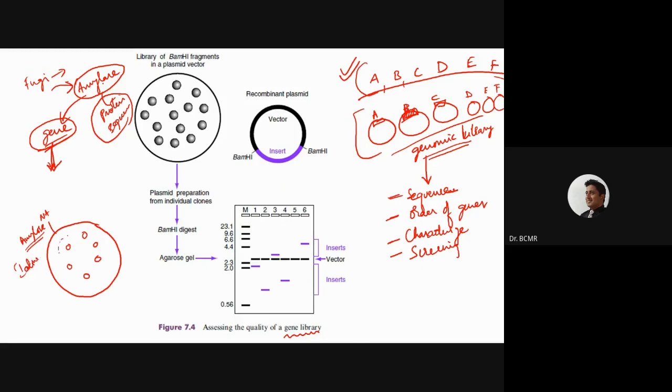If you find a region where there is clearness, a zone of clearance, then that means that it might be hydrolyzing the amylose, which means that particular clone is the one that is producing amylase. That means it must have the gene for amylase that we have constructed through the genomic library.